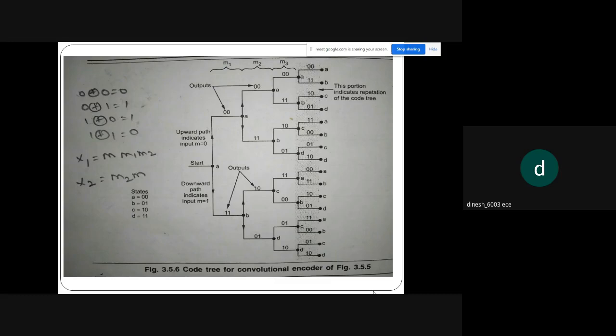You can see for the given problem it was 110.